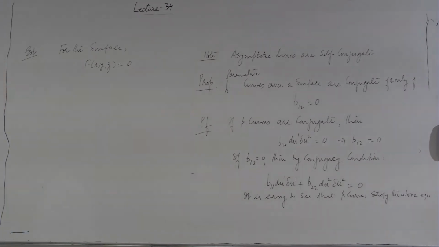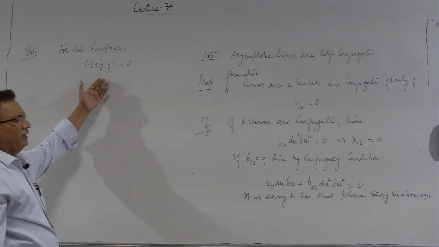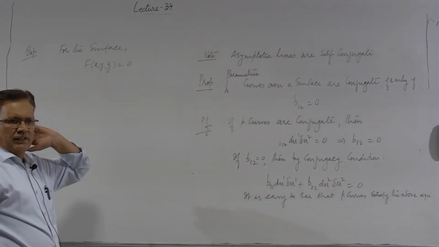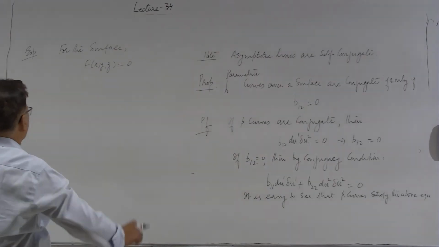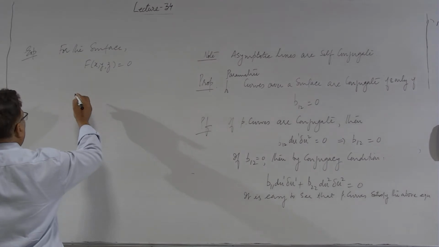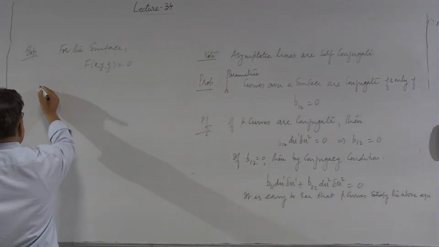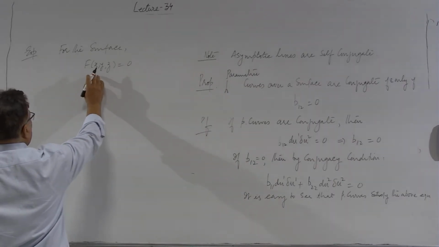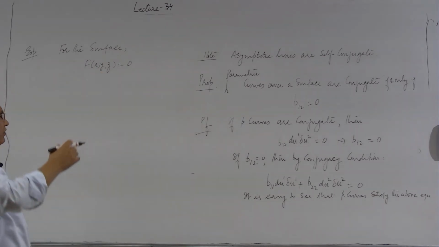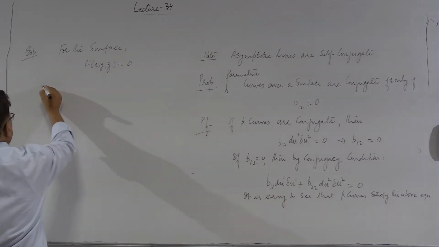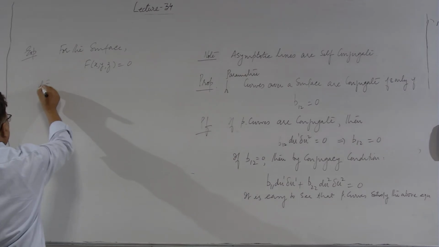For asymptotic lines, the condition is that dn dot dr is 0, or I say the second fundamental form is 0. So, what I will be doing, I will be finding out dn as well as dr. If you remember, when we were resolving the issue of the second and first fundamental form, we considered the differential of f.